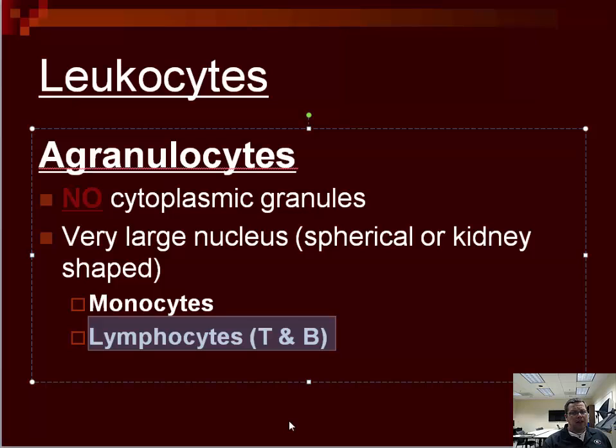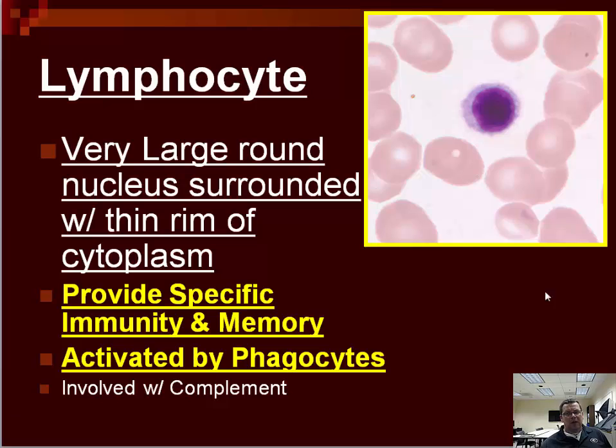Know that there are 3 types of lymphocytes: T cells, B cells, and your atypical lymphocyte, known as the natural killer. You should know lymphocytes are more common than monocytes. T cells are called T lymphocytes because they are programmed and educated in the thymus. B cells are called B cells because they originate and mature in the marrow.